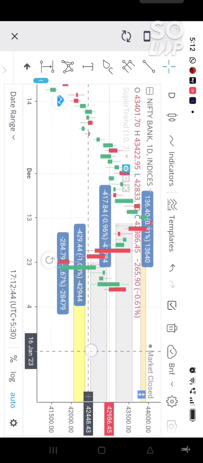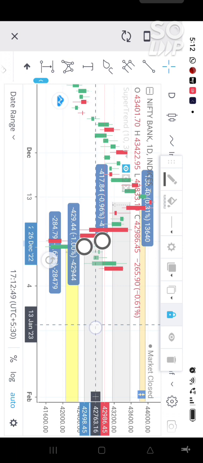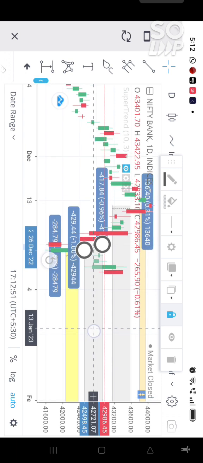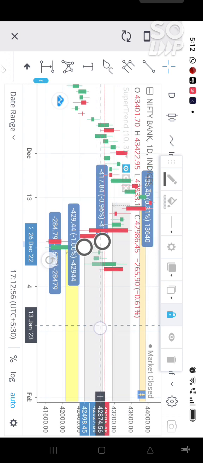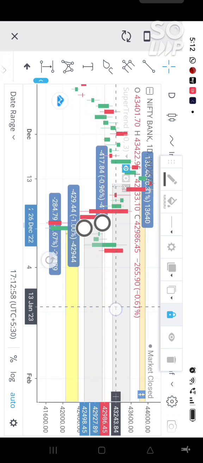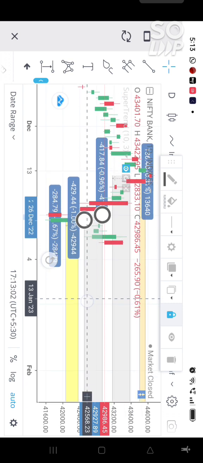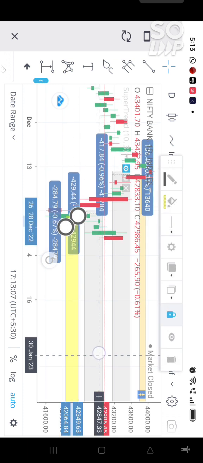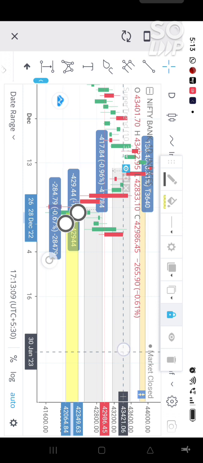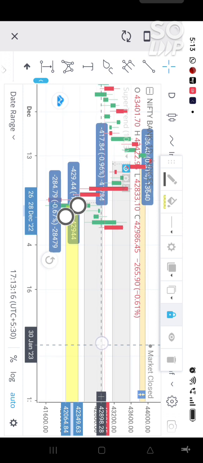What price has done is shoot up from the weekly demand zone, create a rally pattern, and make a demand zone over here, and while coming down price made a supply zone. So now while going up from the weekly demand zone, price is bouncing to the daily supply zone and coming back to the daily demand zone.